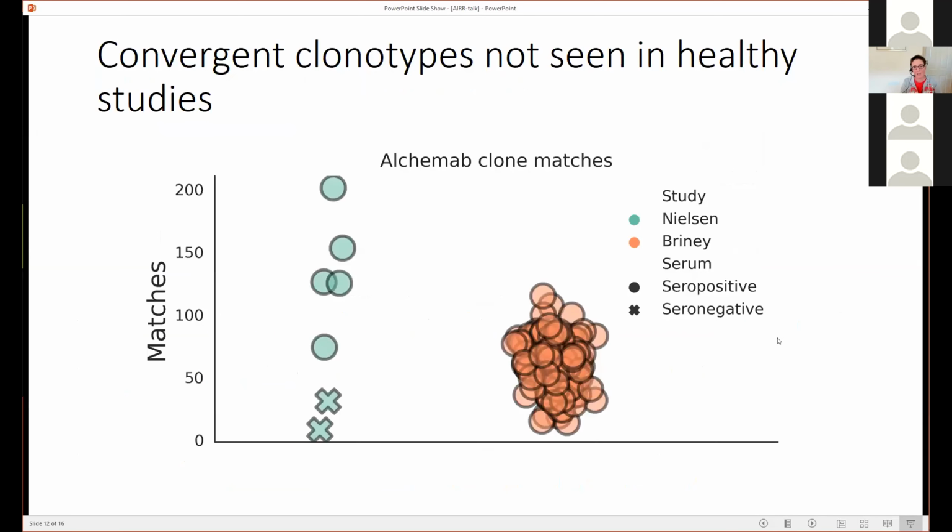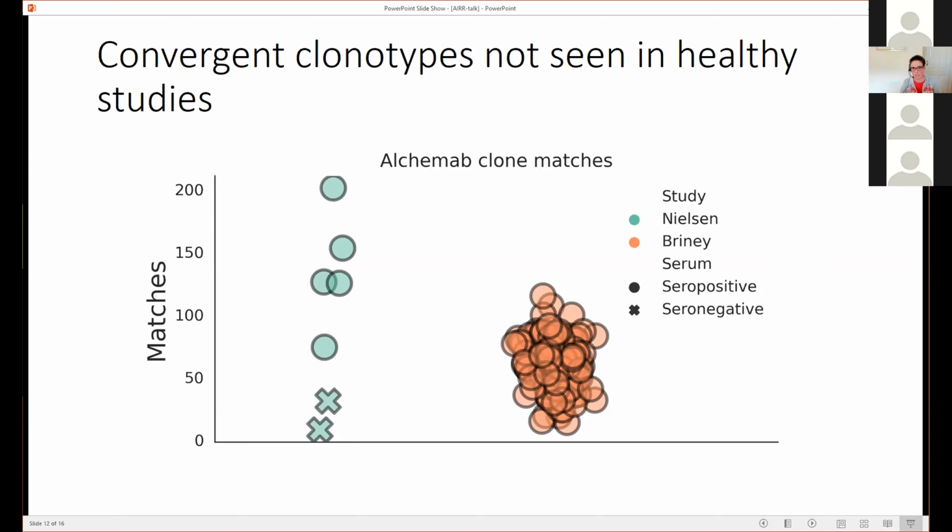And then just an idea about these convergent clonotypes not seen in healthy studies. This is a very new graph, so I apologize, the labeling on it isn't as good as I would really very much like it to be. But on the y-axis here, we have the number of matches to our convergent clonotypes that we see in other data sets.